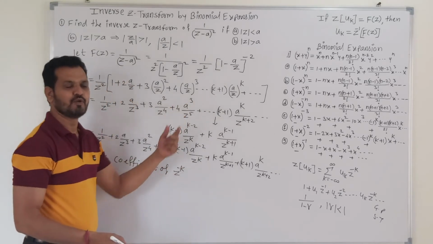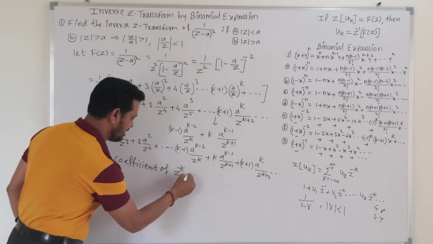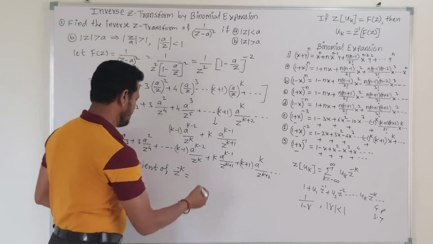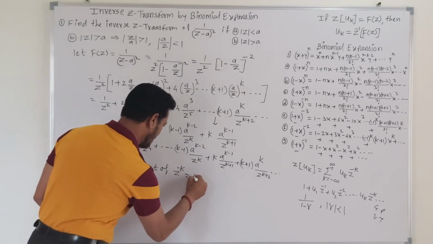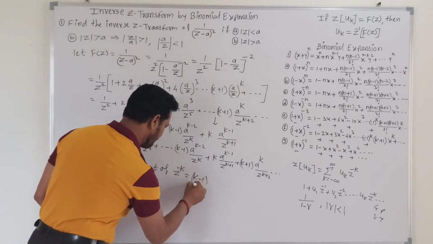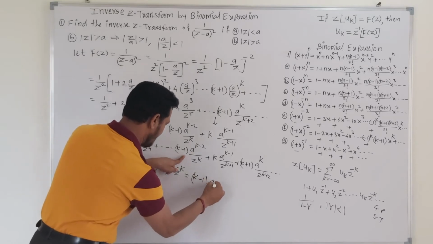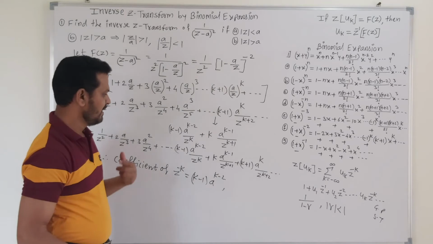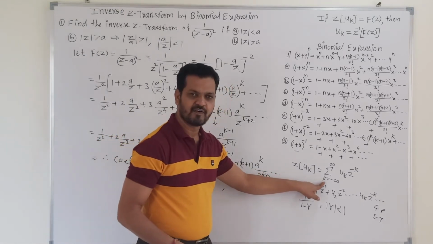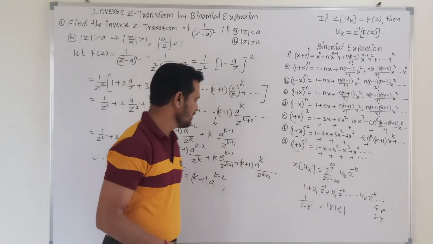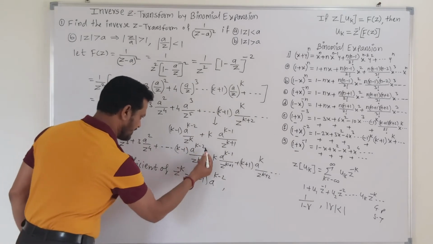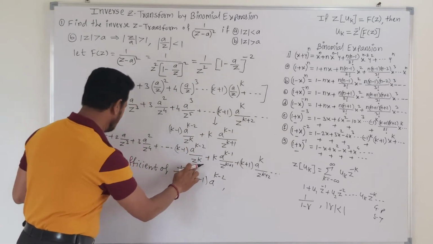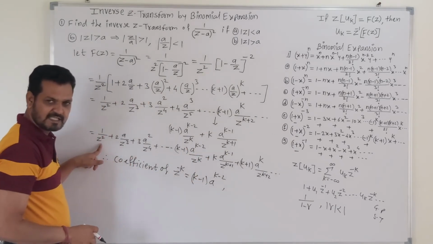We can take this in the numerator, so we get this as z raised to minus k, and that is our requirement. So this coefficient is k minus 1 a raised to k minus 2. Now again our aim is to find out the value of k, where k goes from. So now here in this kth term, put the value of k in such a way that we get this as the first term.